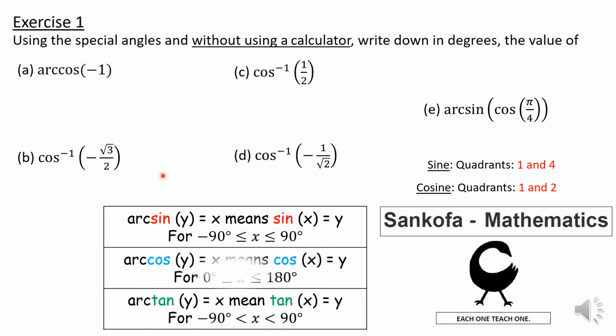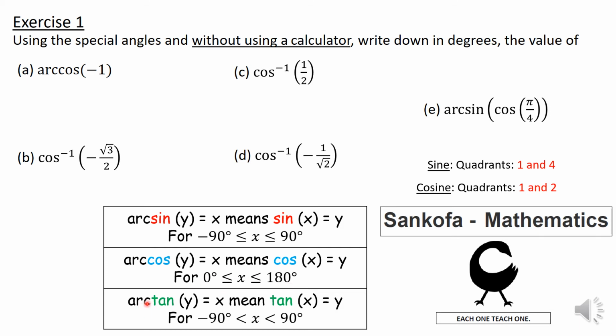And this table here is also a very good table that can sort of summarize when you're dealing with these particular questions. Arcsine of y equals x. You can just write what it means. It means nothing but sine of x is equal to y for that particular interval. And arccosine of y equals x means cosine of x is equal to y for the interval 0 to 180 degrees.